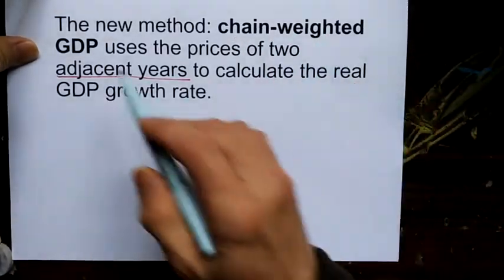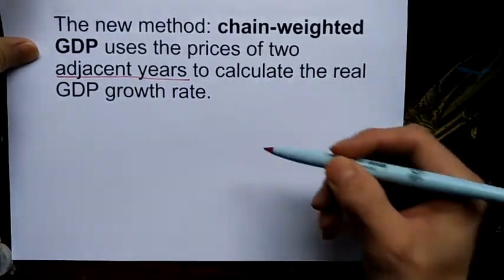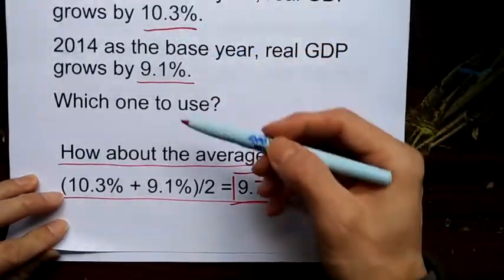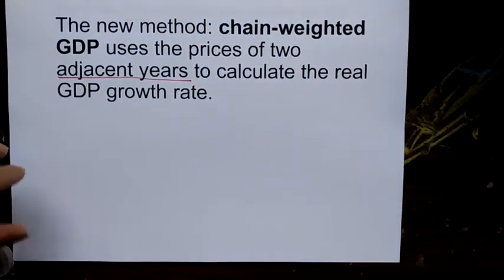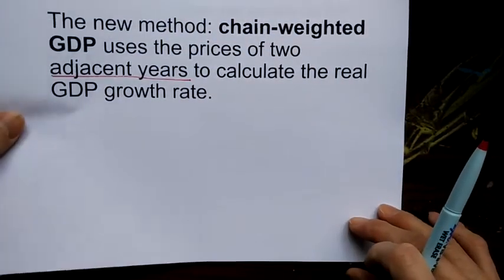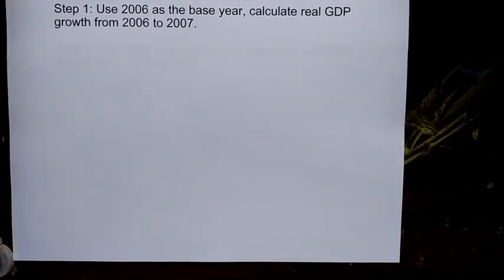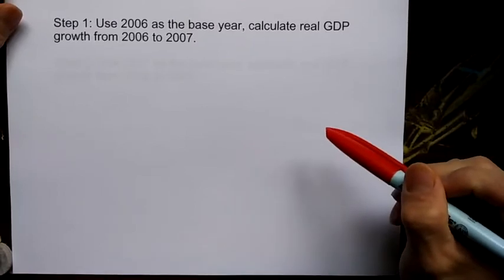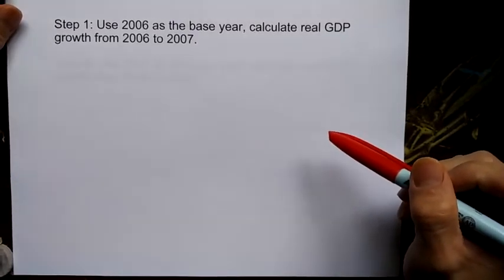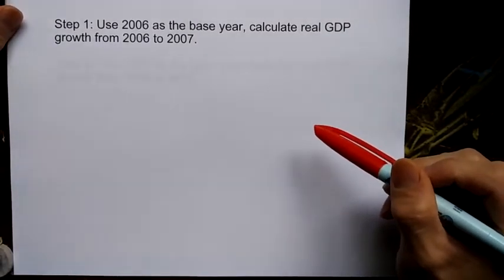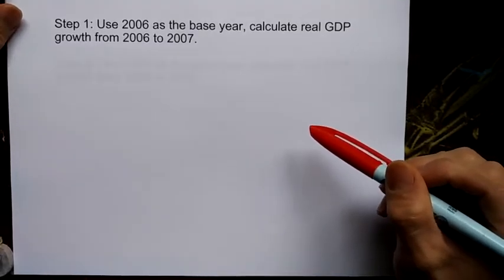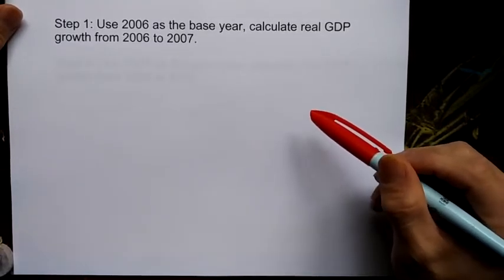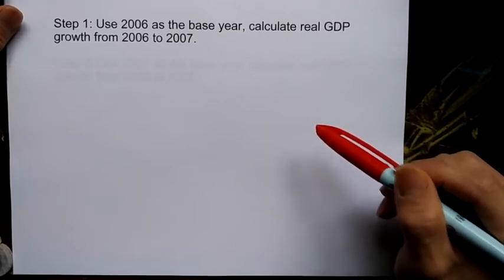Remember, chain-weighted GDP, you calculate the growth rate first because you just take an average of these two numbers. Therefore, this chain-weighted GDP is exactly the method that the United States is using to calculate the real GDP.